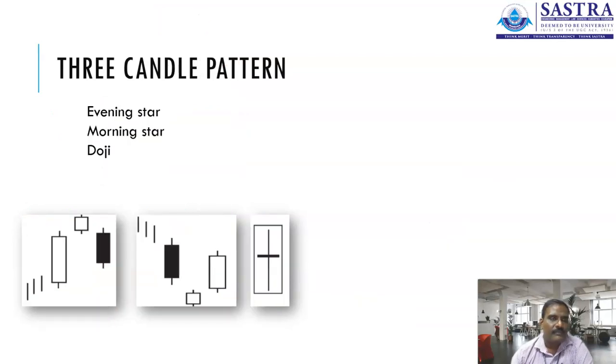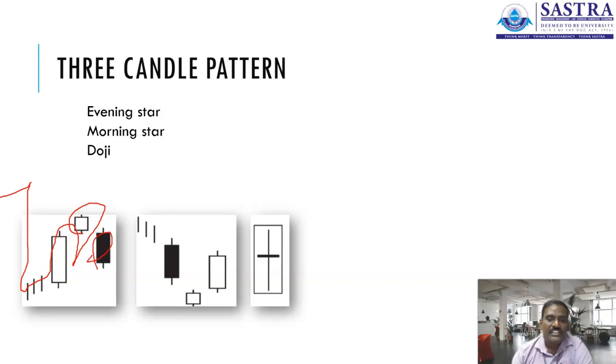The next one is the 3 candle pattern. It is identified as evening star, morning star, and doji. For the evening star, there are positive changes reaching high price changes in the market. Later, it identifies a kind of loss, which can be classified as an evening star.